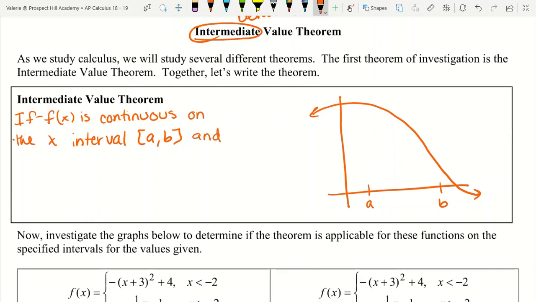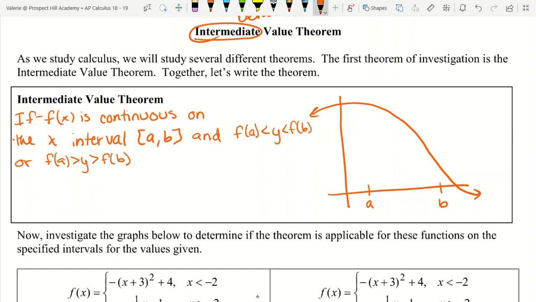And f of a less than y, which is less than f of b, or f of a is greater than y, which is greater than f of b.